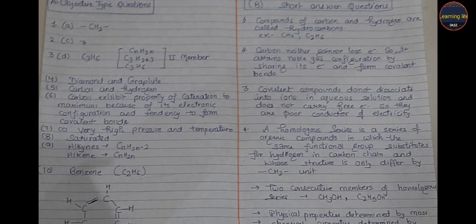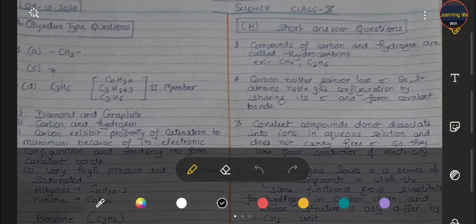Start from the first question we discussed. First question, what is the difference between two consecutive members of a homologous series? That is CH2. And the second one, how many bonds? 7. Third one, the second member is C3H6.